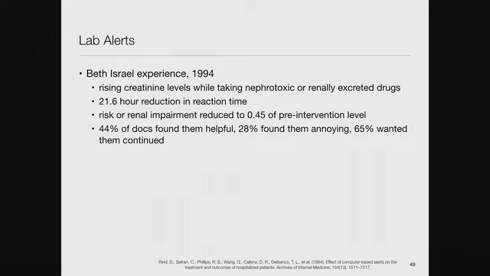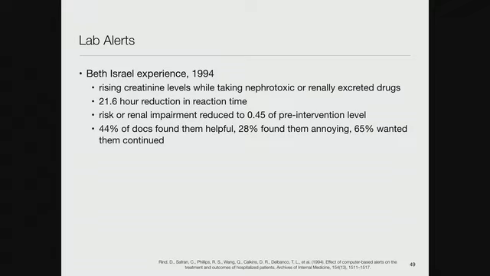As I said, the BI started in 1994 with a system that said, if you're taking a renally excreted or a nephrotoxic drug, then we're going to warn people if there's a rising creatinine level, which is an indication that your kidneys are not functioning so well.